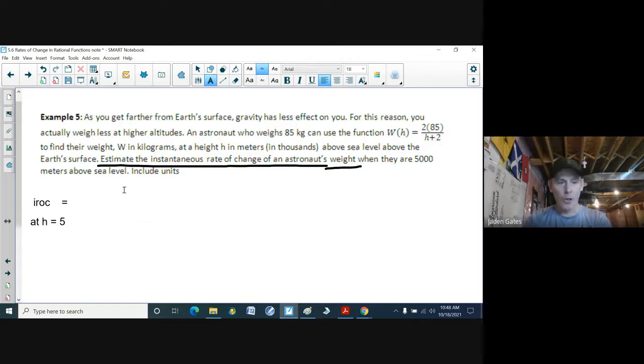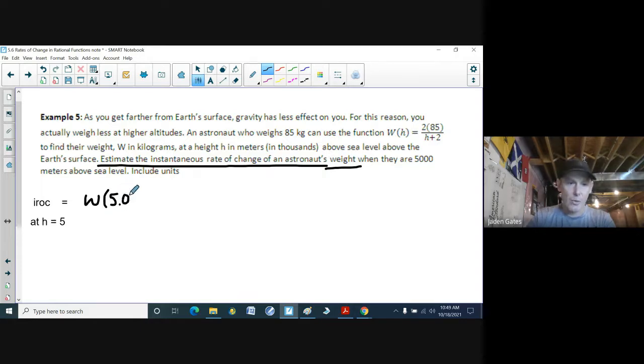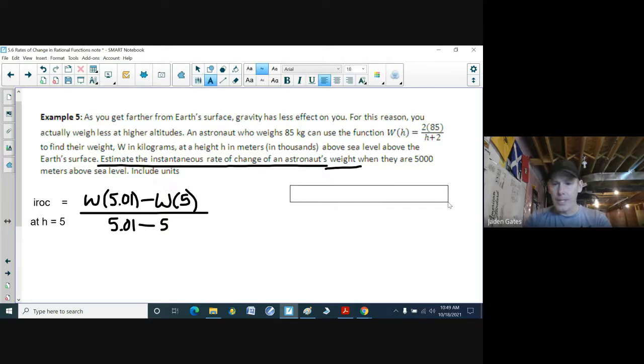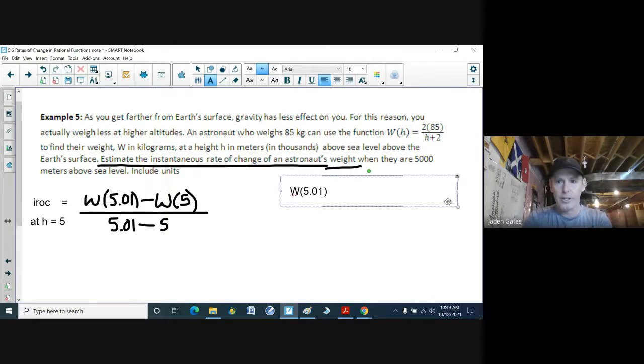All right, so here's what we're looking for. I'm going to find our function. Our W function at 5.01, a height of 5,000 and a little bit higher, minus, again, our weight function at 5, all over our h2 minus h1, if you will, in this case. So 5.01 minus 5. Now I need W of 5.01.